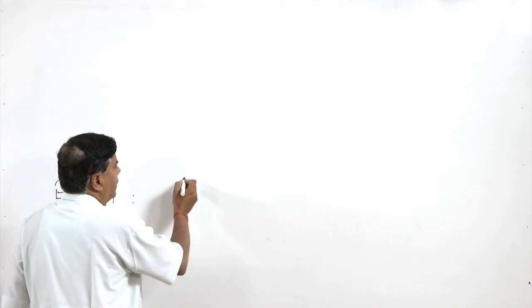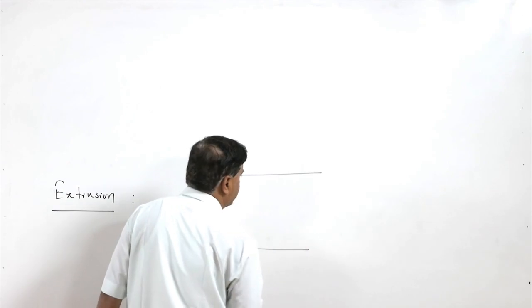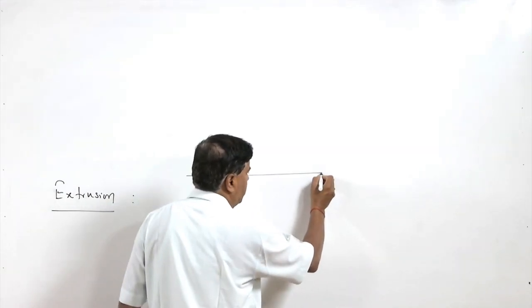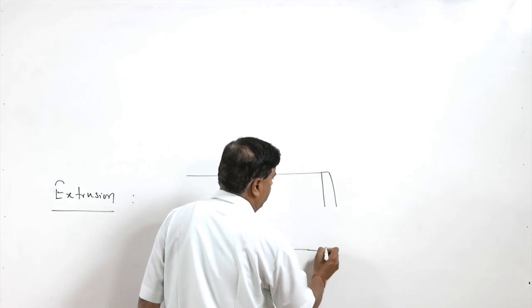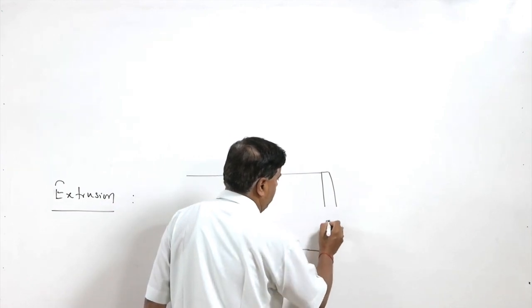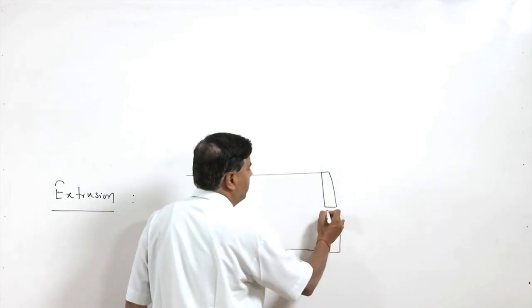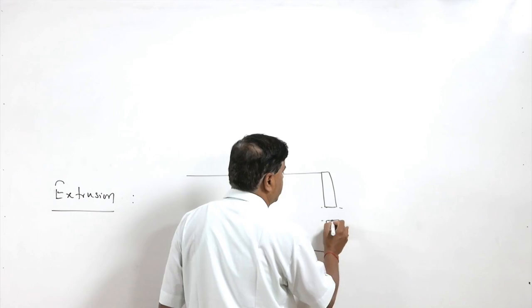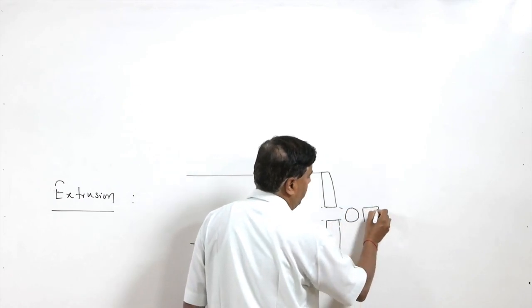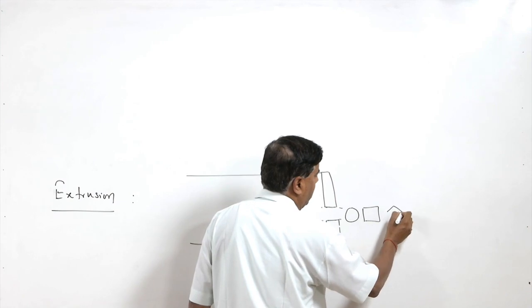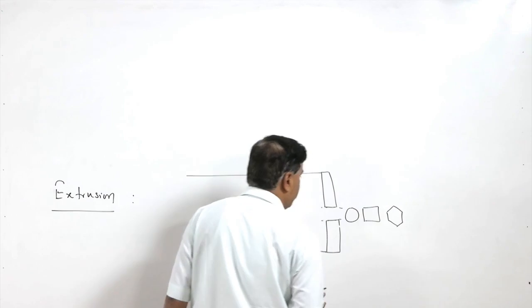The most common approach in the extrusion process is that it uses one die here, and this opening can be of any shape which is desired in the product. So, it can be circular, square, hexagonal, or anything we want.